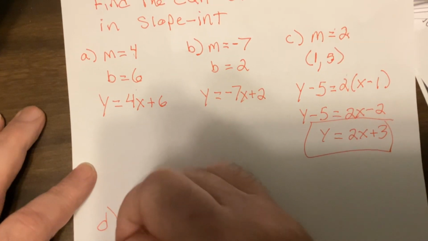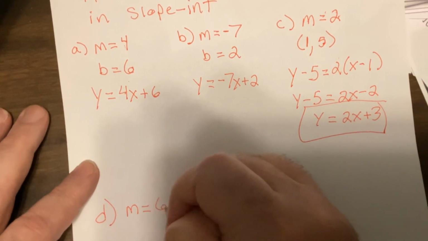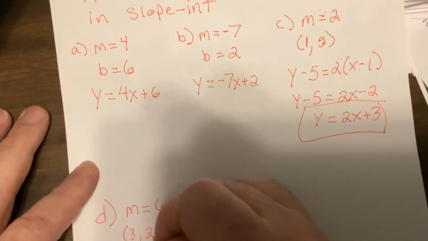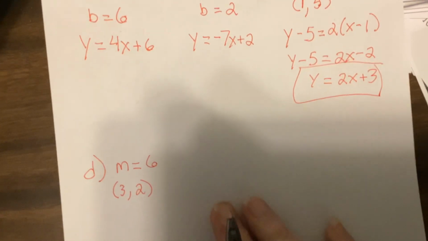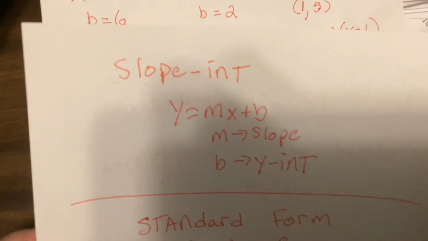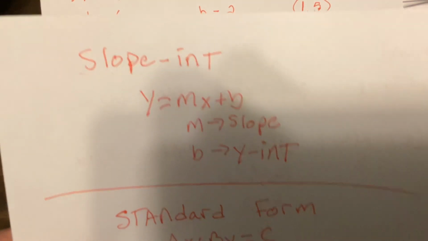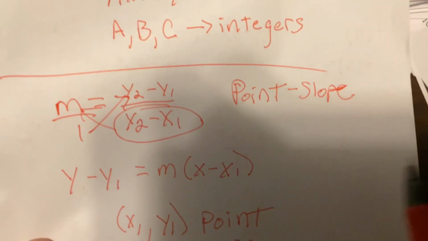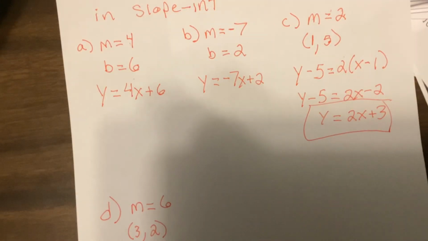D. Let's say I tell you the slope is 6 and the point is 3, 2. So I'm given a slope and a point. Would that be slope-intercept? No. Standard form? No. Point slope? Oh, point slope. I'm given a point and a slope. Yes.